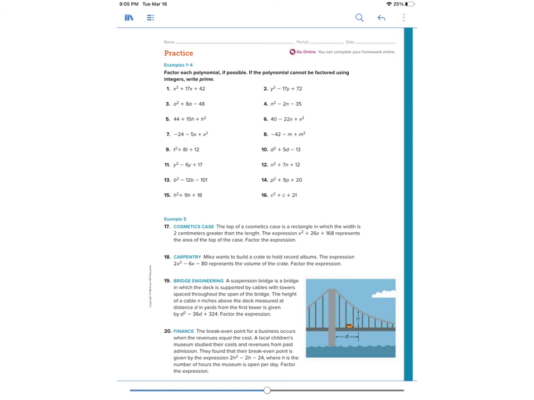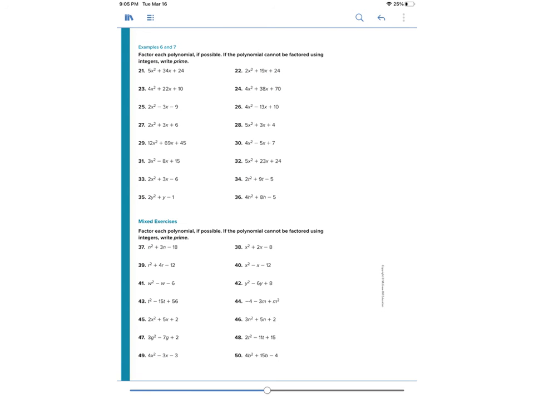All right, for your homework, this is page 587. You will do number 3, 12, 14. Flip the page. There you'll do 34 and 36.